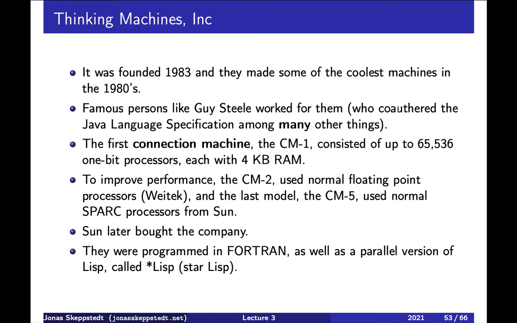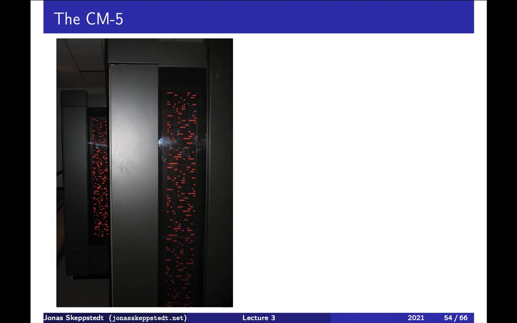And this machine, although it originally had 1-bit processors, could be programmed in Fortran and also in a parallel version of Lisp. And Guy Steele has written the specification for Common Lisp and co-authored the Java language specification. So this is what the last machine looked like.